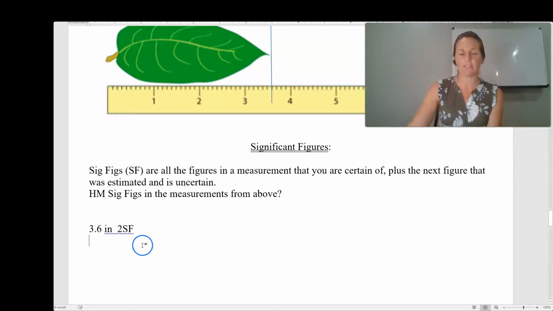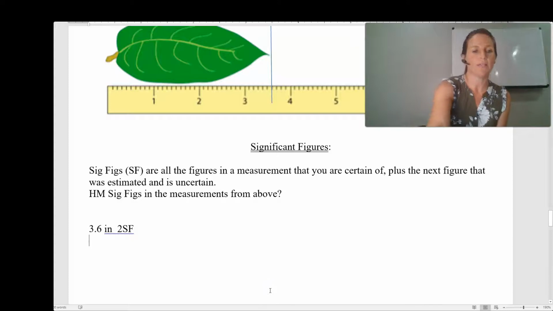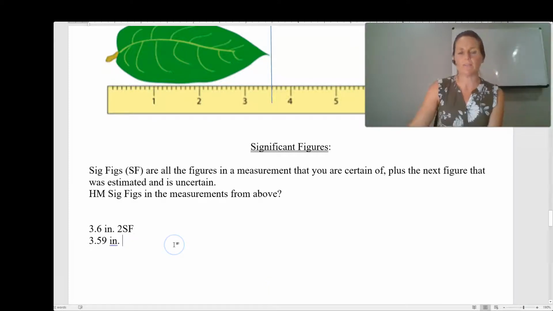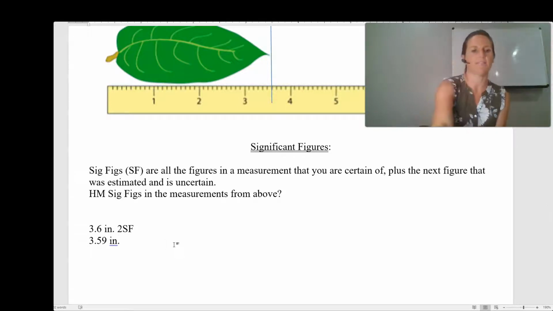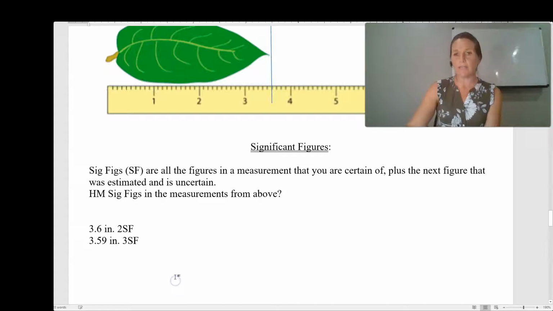In our second measurement, we got 3.59. 3.59 has 3, 5, 9, 3 significant figures. So depending on the way that you measure, what number is certain and what numbers are guesses, we can come up with different numbers of significant figures. So if we want to have a more certain measurement, then we need a more accurate measuring device.